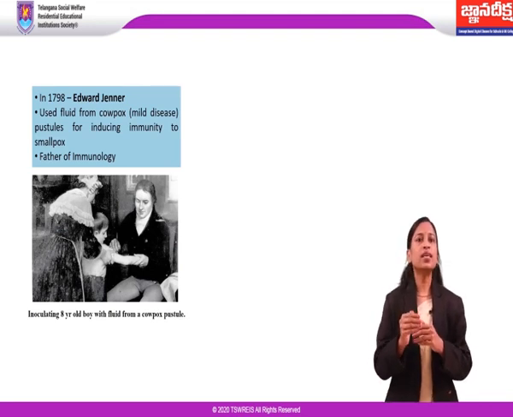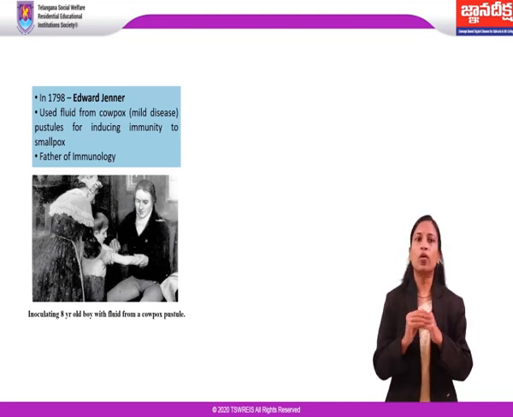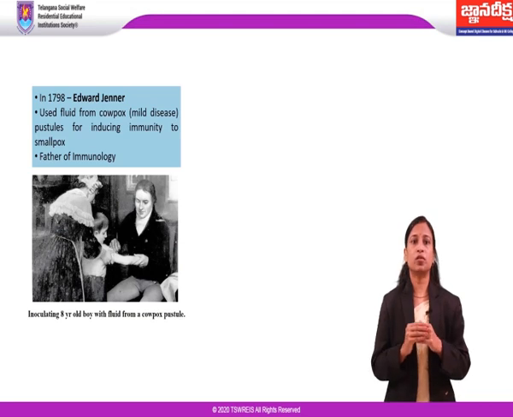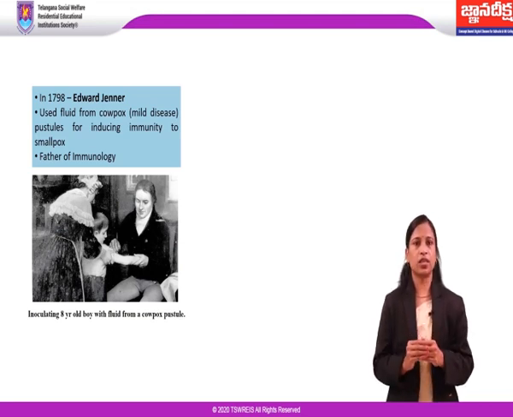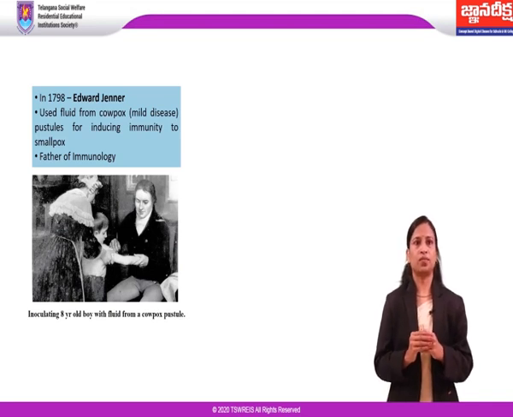And later, he intentionally infected that child with the smallpox virus. And as predicted, the boy did not develop smallpox. This was the major breakthrough which led to the development of vaccines. And Edward Jenner is considered the father of immunology.